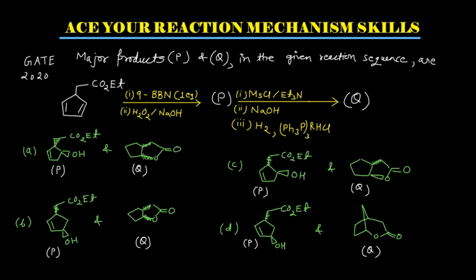And in the first step you are taking this particular reagent, and the abbreviation of the reagent is given in the question itself, 9BBN, and one equivalent you will take to start the reaction, okay?